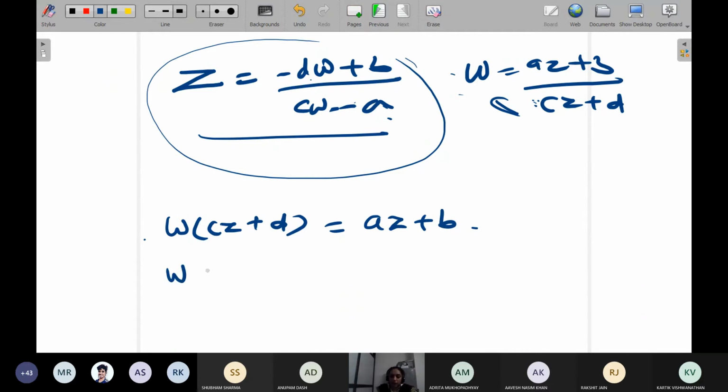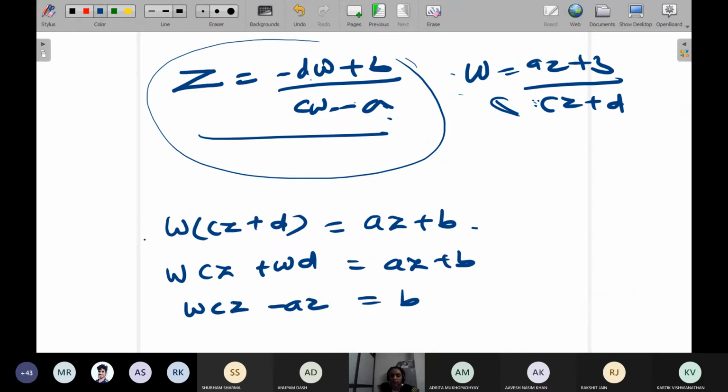You will get WCZ plus WD is equal to AZ plus B. So bring this: WCZ minus AZ is equal to B minus DW.